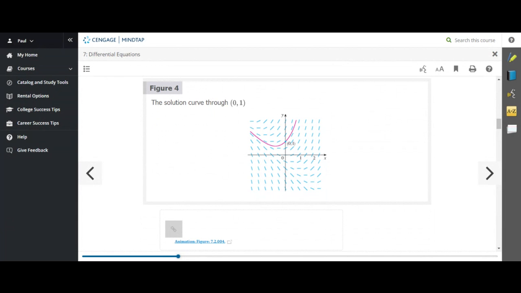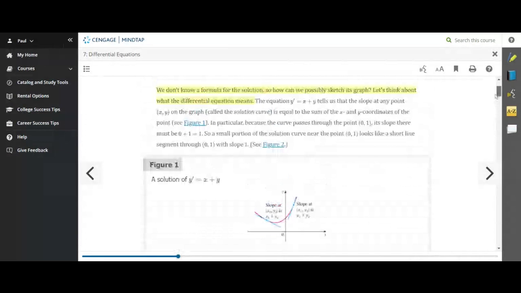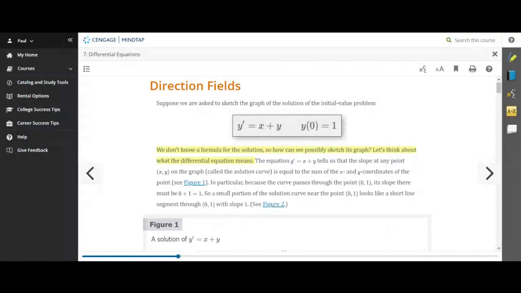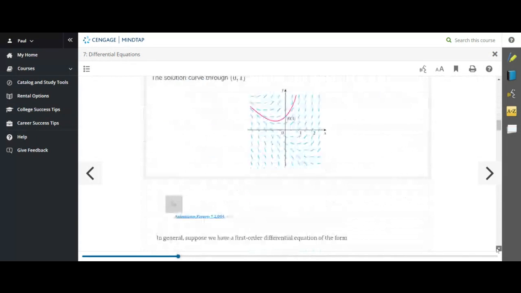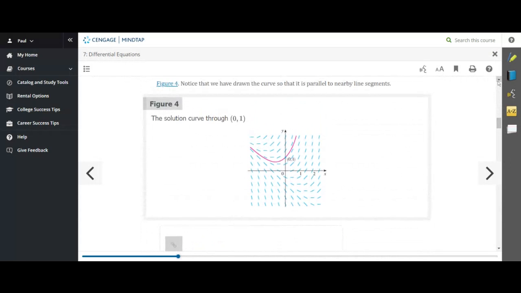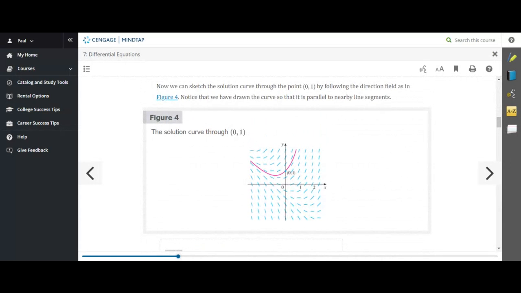So in other words, remember the initial value problem that they start with in the book, this initial value problem has a solution. The solution passes through the point 0, 1, and the solution has to obey the differential equation. What does that solution look like? That solution looks like this solution here.